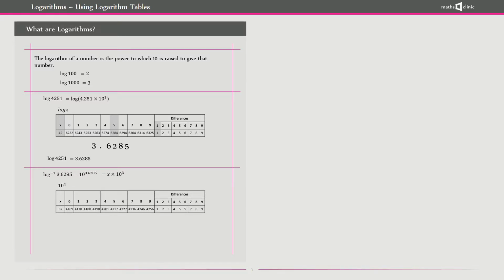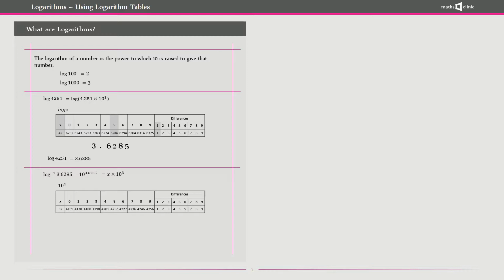The first thing we do here is we have 10 to the power of 3.6285 equals something times 10 to the power of 3, because our whole number in this case is 3. If you remember, we had the index from the standard form as our whole number.